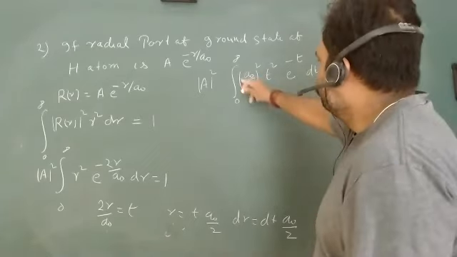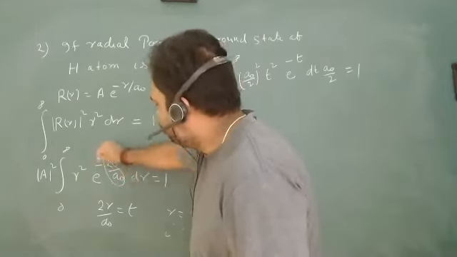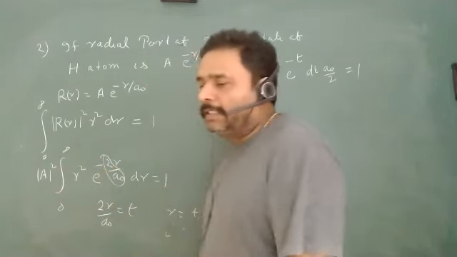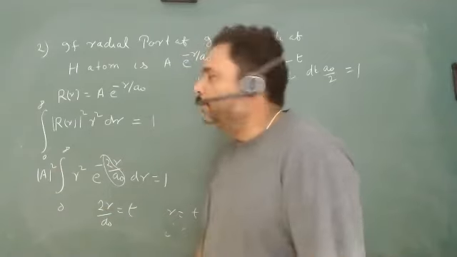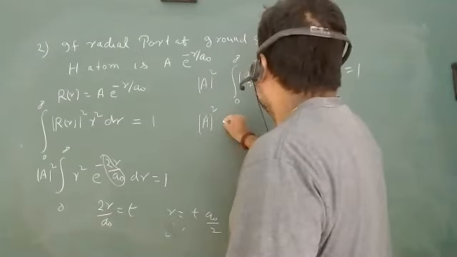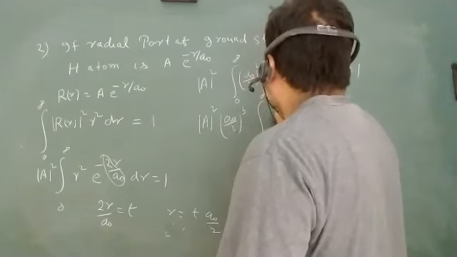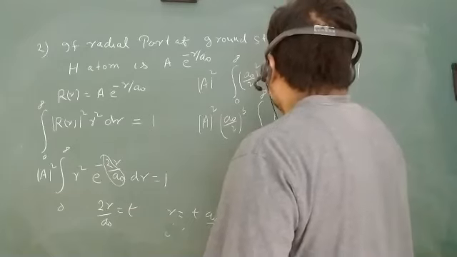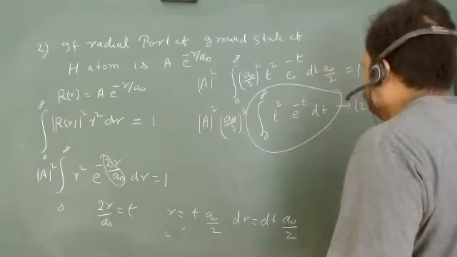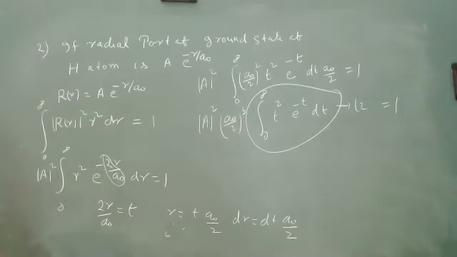So this a naught by 2, the reciprocal of this number will come outside with one more power. Here the power is 2, so it will come outside with power 3. Mod A square times a naught by 2 whole cube, integral 0 to infinity t square e to the power minus t dt, that is nothing but factorial 2. You will just watch the integration and give the answer.